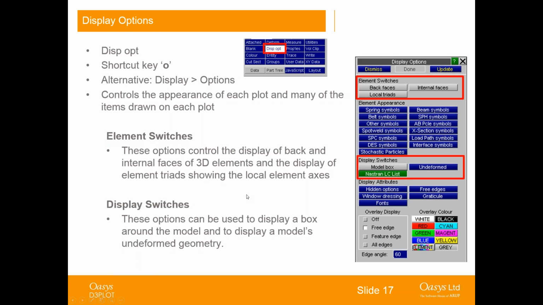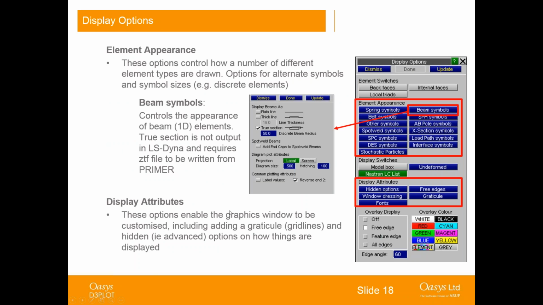Okay, we have various display options in D3plot. They're accessed via the display options. We can choose the method that internal faces are displayed in 3D elements. We can also choose to display beams as their correct cross-section, or to display them as stick elements.